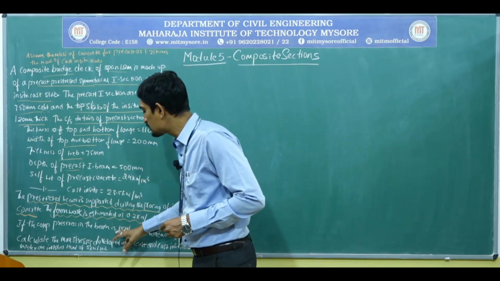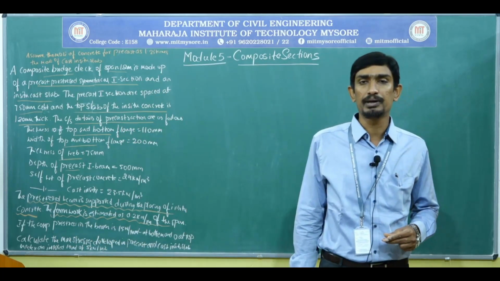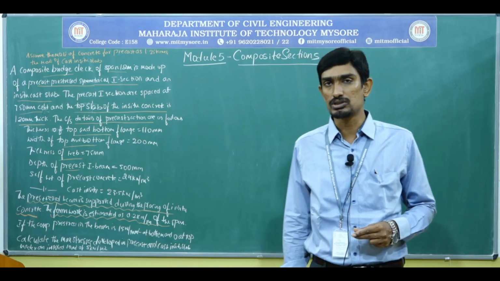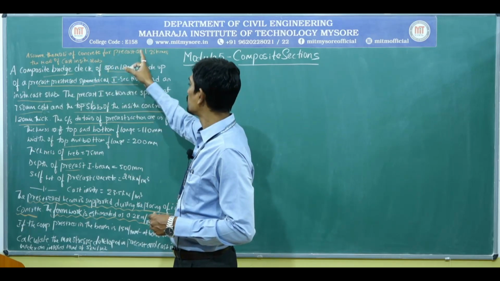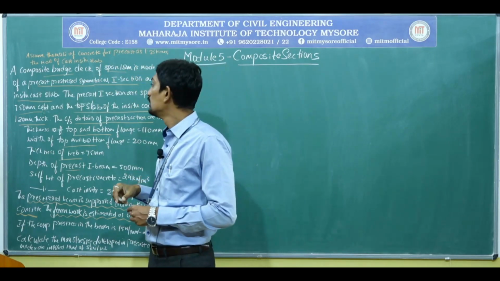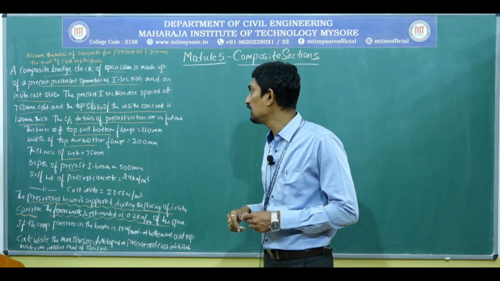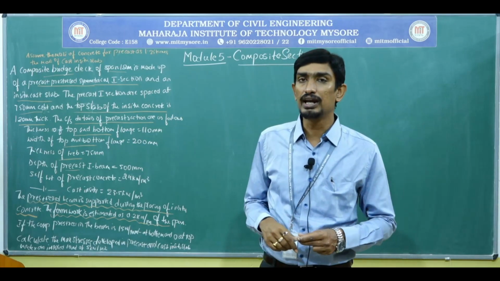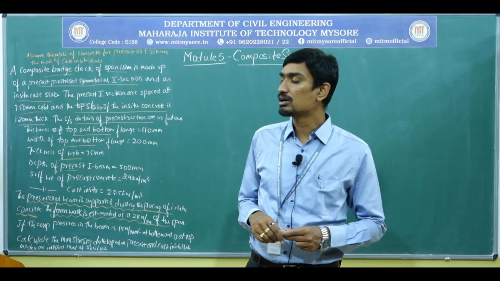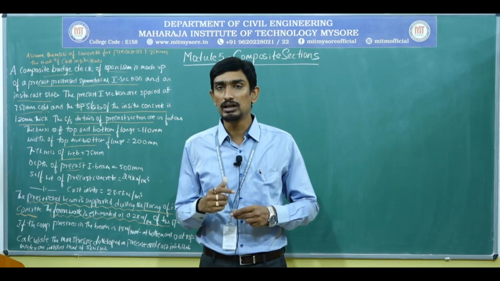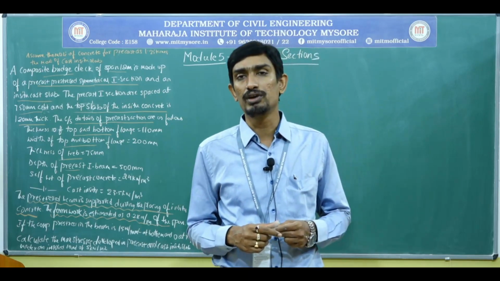For these conditions, calculate the maximum stresses developed in the precast pre-tensioned beam and the cast in situ slab, with the main condition assuming the modulus of elasticity for precast as 1.25 times that of the cast in situ. Practically, since the grade of concrete of the cast in situ slab is less than that of the precast pre-stressed beam, the modulus of elasticity will also vary.